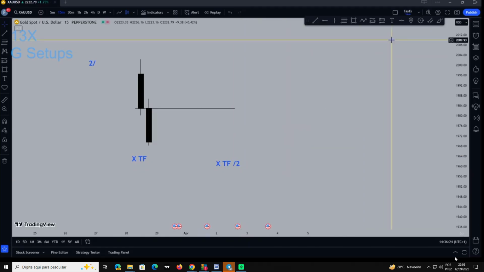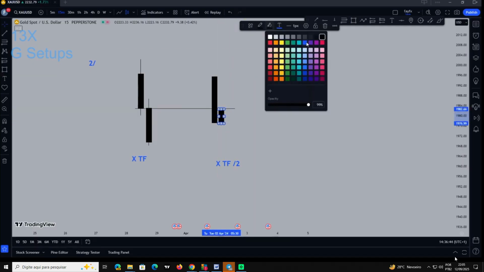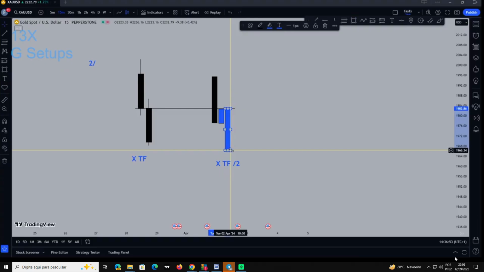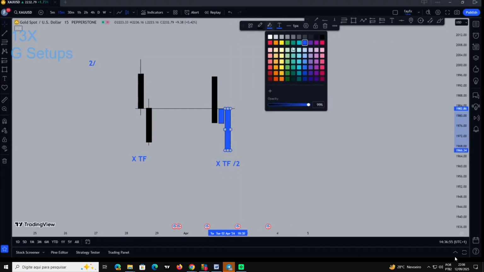We are going to find something special this time. If I find a classic CC, this is very, very powerful, very strong.